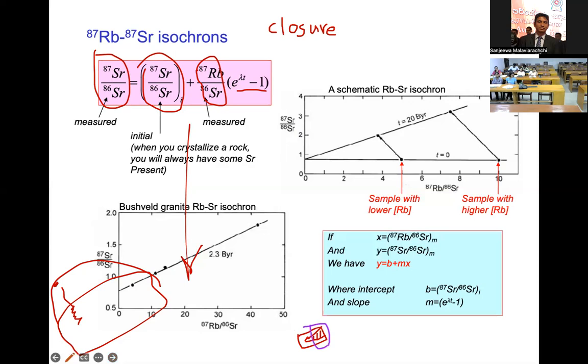Finally, what kind of a sample are you getting now? Maybe you are getting some sample like this, and here you have the melt portion.